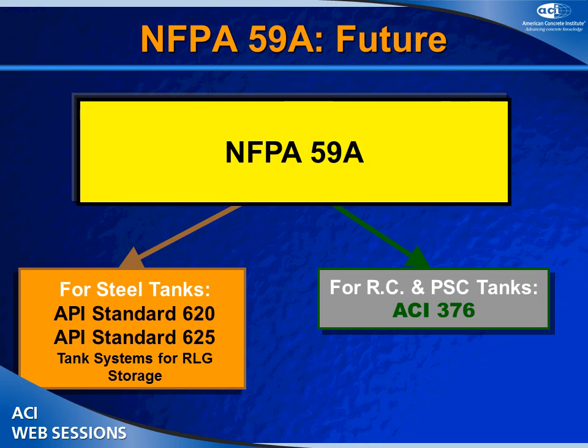In the interim, API has put together a standard, 625, tank systems for LNG storage that deals with both steel and concrete, but they recognize that their expertise was really not in the concrete world, so whenever they refer to concrete, they have actually referred back to ACI 376. So our code is being referred to in API 625.